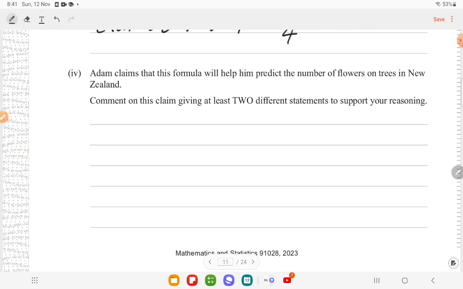Adam claims that this formula will help him predict the number of flowers on trees in New Zealand. Comment on this claim, giving at least 2 different statements to support your answer.